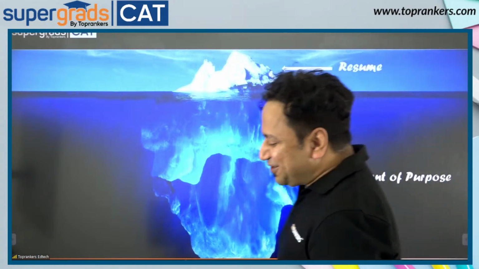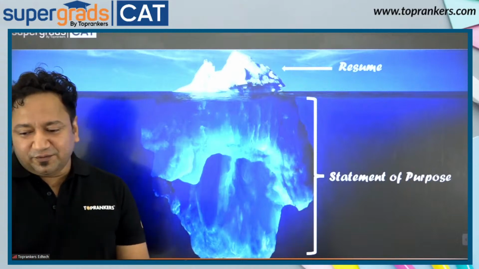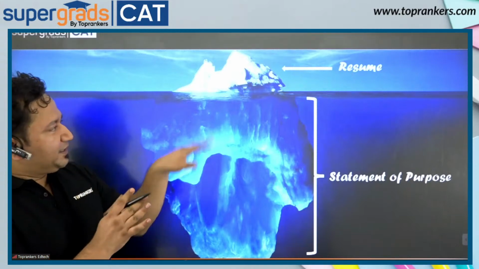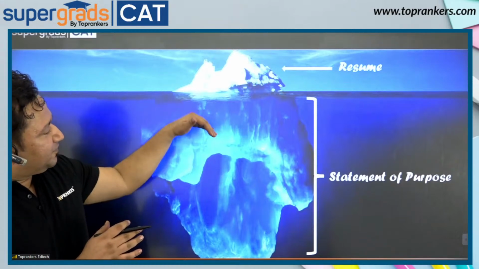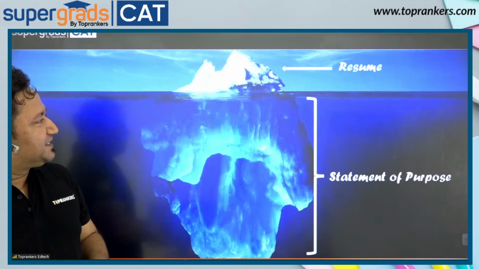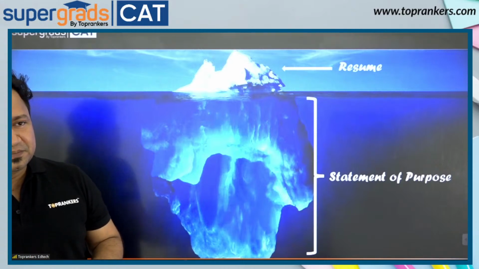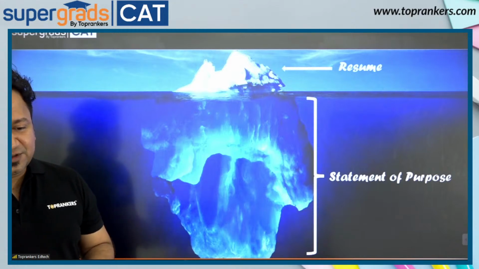Well, this is an image which I like a lot. And what is this? Tell me, if you look at this, resume and SOP, what kind of visualization or imagery is getting created in your mind? Or I would say reverse imagery. The image is already there. So what comes to your mind once you see that?